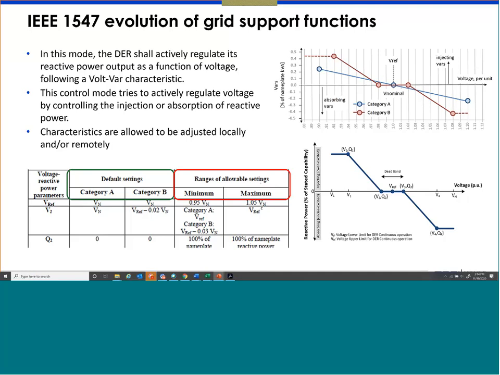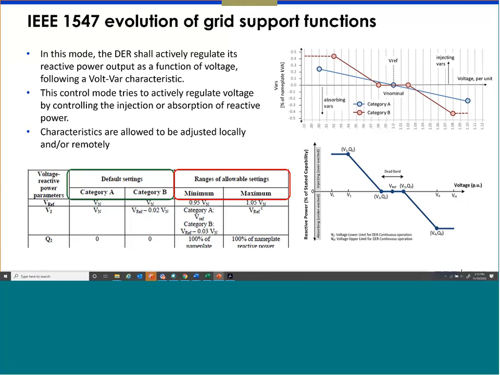If I pick category A and go vertically, it defines all the parameters that you need to define a volt-var curve, and it gives the parameter values which should be considered as the default values for category A. Similarly, it gives all the parameter values that you need for category B, and if you want to use those values, you can just say category B default settings. Then automatically this column will be selected.